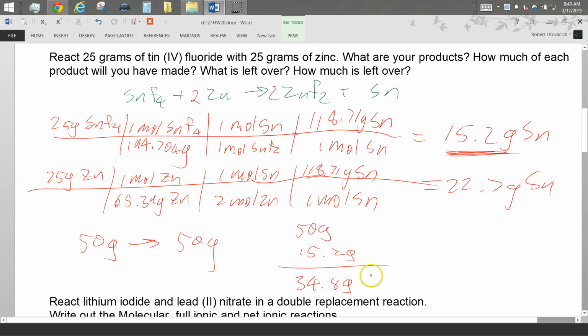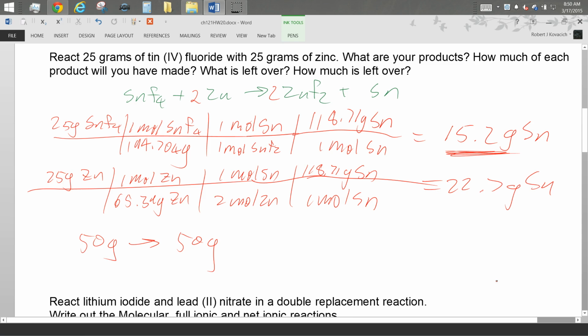And so now I have to take my 34.8 grams and subtract off my 25 grams. Do you have to do another railroad? I could do another railroad.